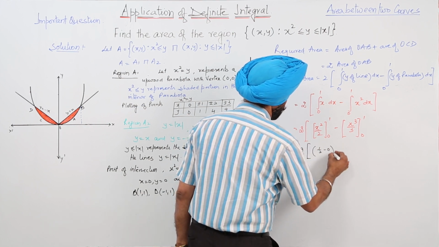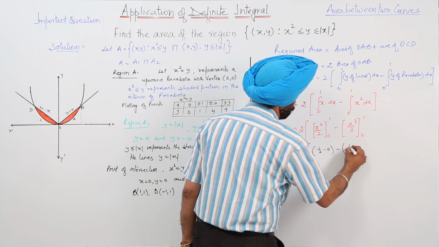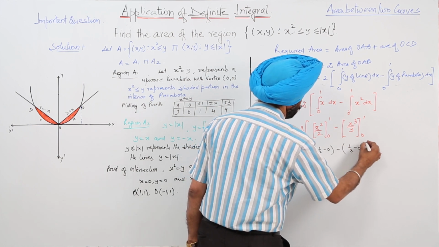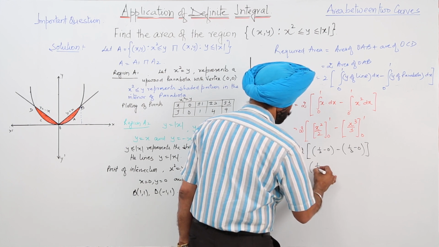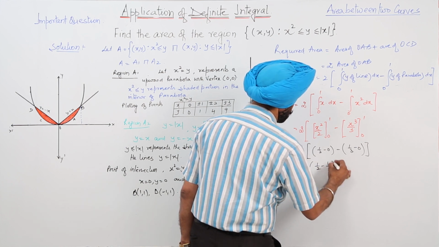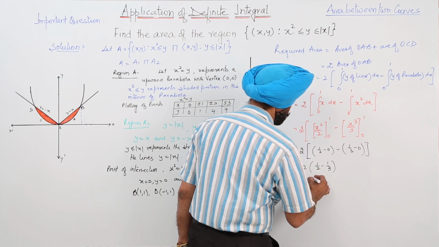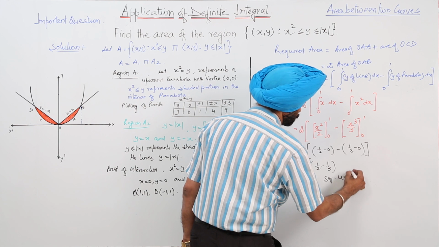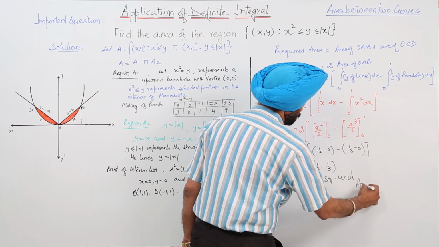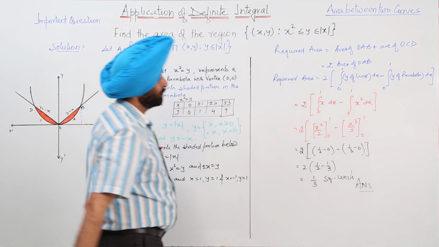One upon 2 minus 0 minus 1 upon 3 minus 0. 1/2 − 1/3, and this is equal to 1/3 square units. Answer. Simple question.